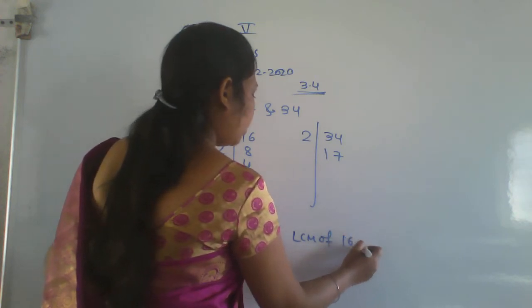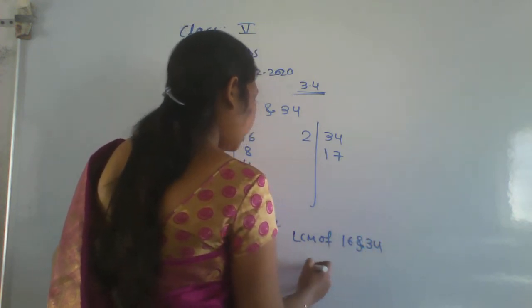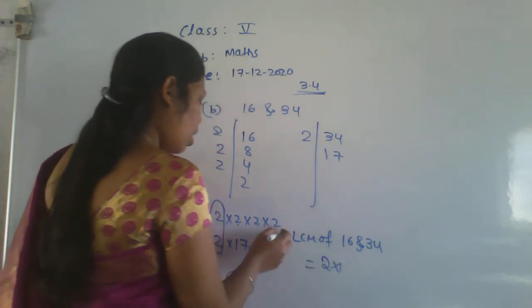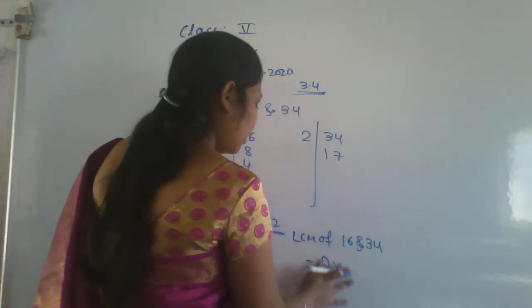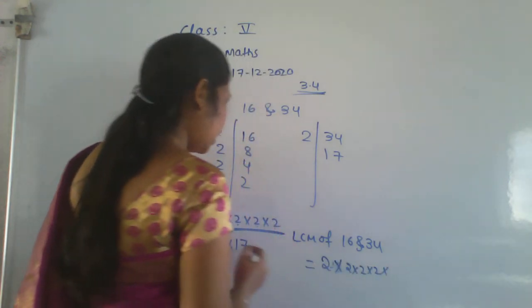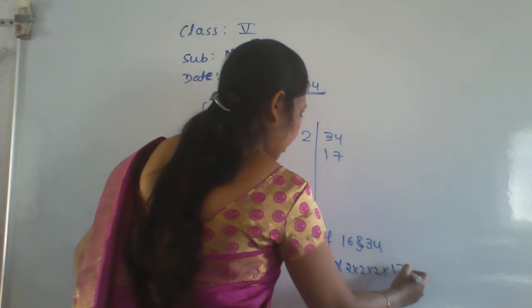LCM of 16 and 34 is: write 2 only one time, and the remaining three 2s, and next 17 is also left.